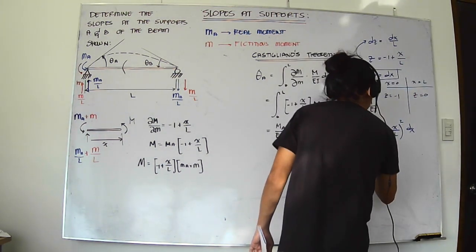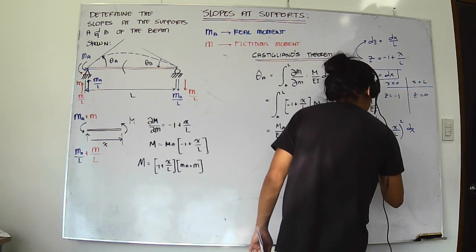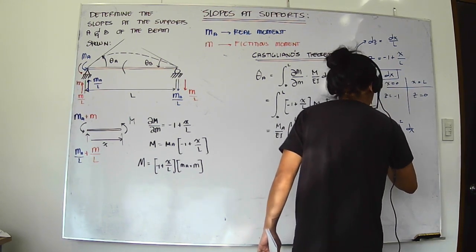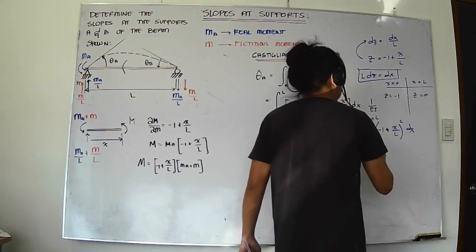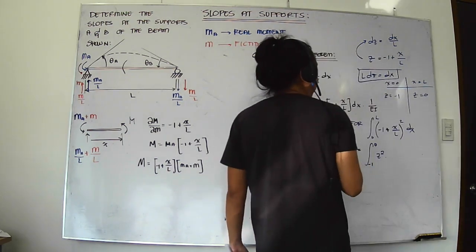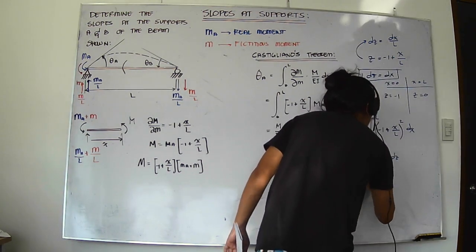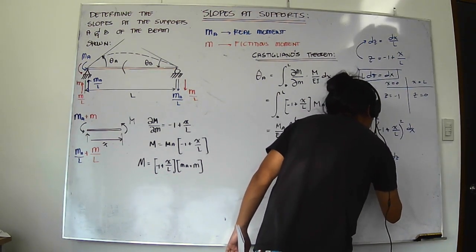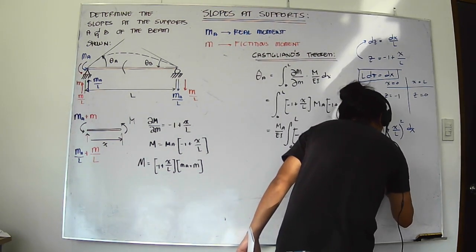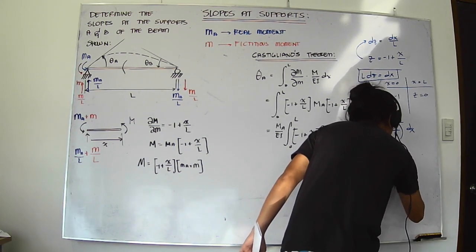So this integral becomes from negative 1 to 0 of z squared multiplied by dx, which is equal to L dz. Okay? So L can be factored out. Then we can integrate this. This is z cubed over 3, from negative 1 to 0.